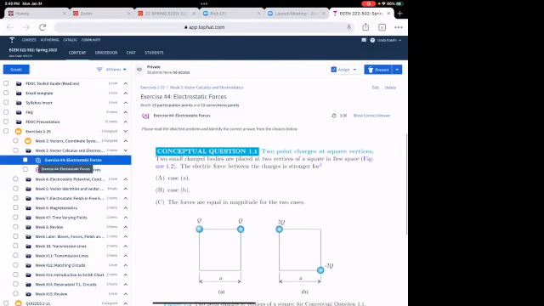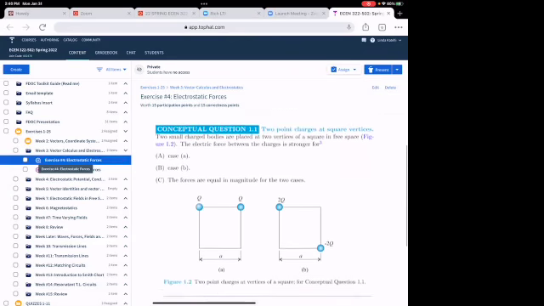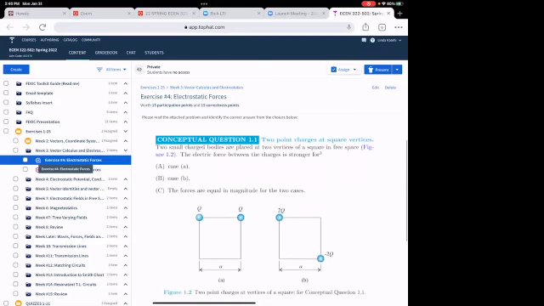Okay, it's an interesting one. It shows you in this case, two different cases where there are 2 point charges. In one case, they're both identical there. The other cases, they're along the diagonal and they have opposite signs.